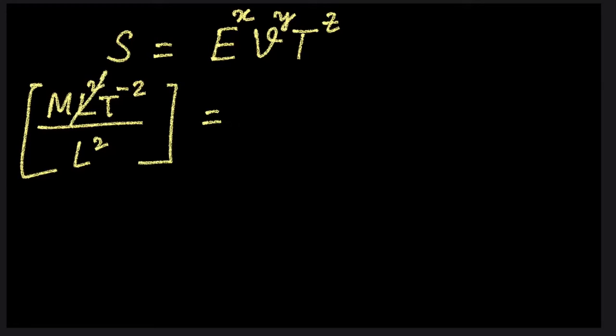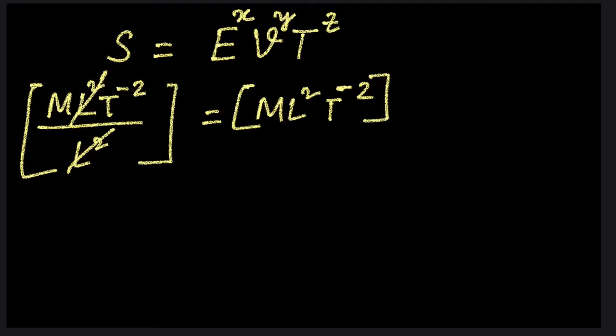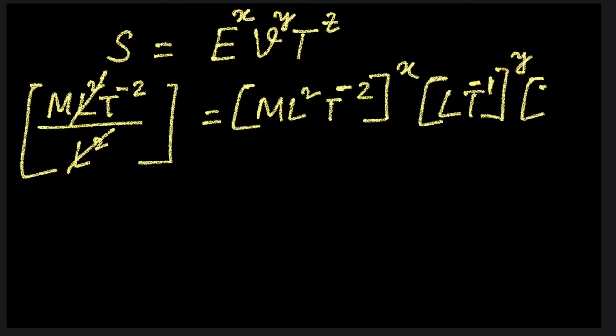And of course L square and L square get cancelled. Energy is ML square T to the power of minus 2, to the power of x. Velocity is LT to the power of minus 1, to the power of y, and for time, the dimension is capital T to the power of z.